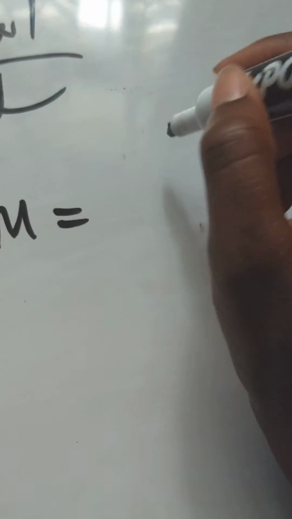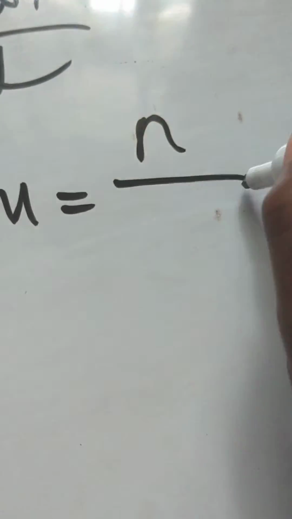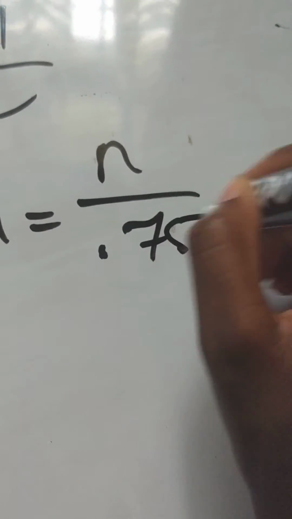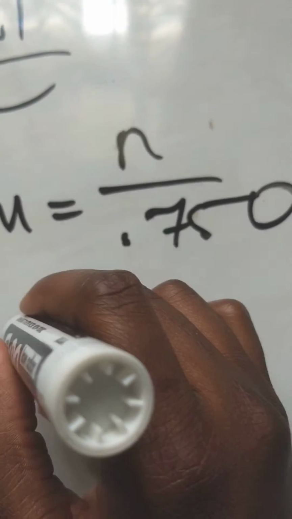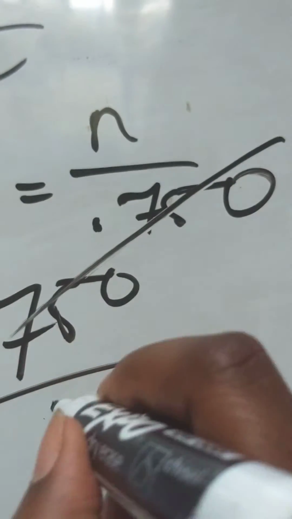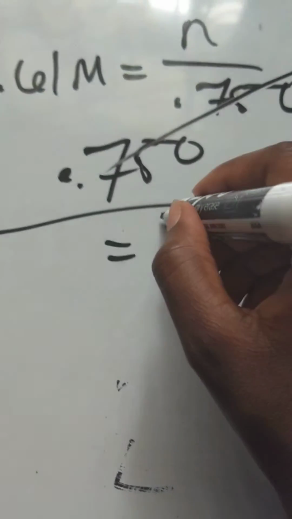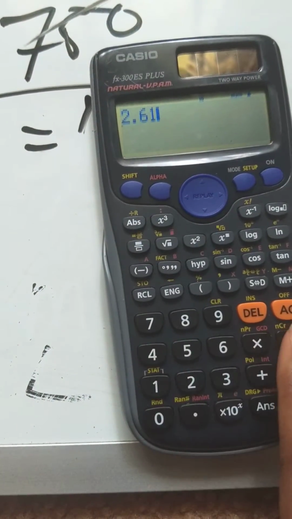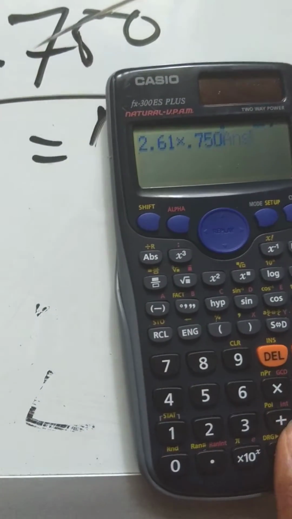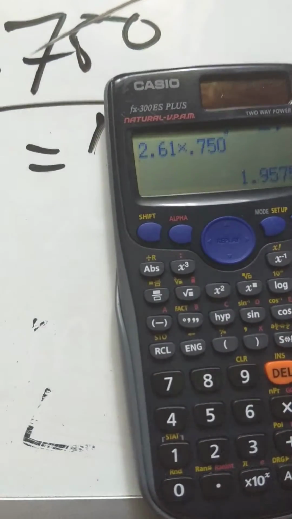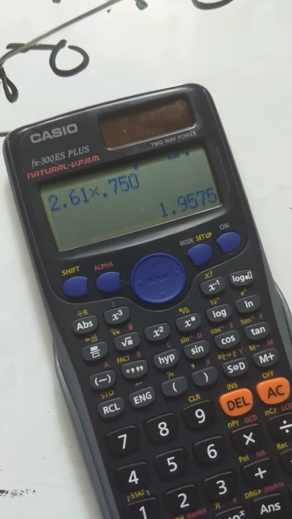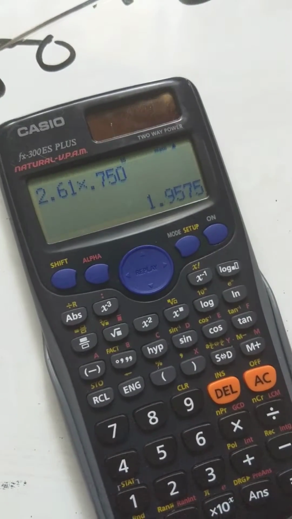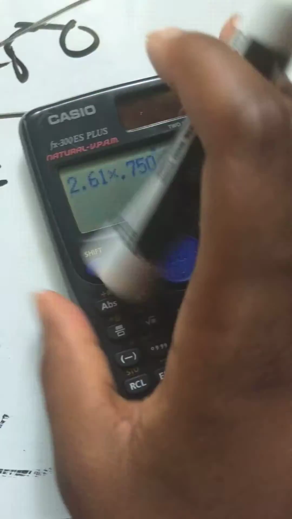I choose personally to leave the moles blank, so we'll leave that as N and fill in the liters, 0.750, and we would just multiply it by 0.750 and cancel that out, to equal N. 2.61 times 0.750 equals 1.957, which rounds to 1.96.